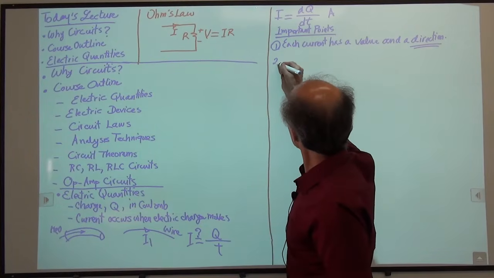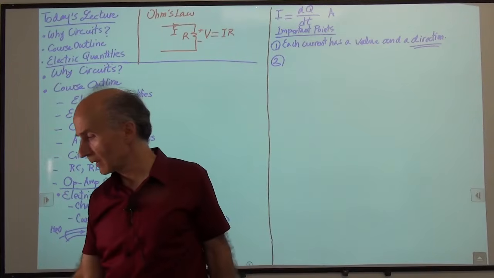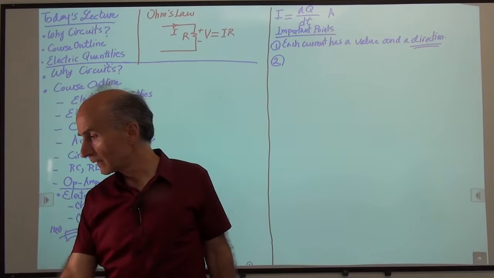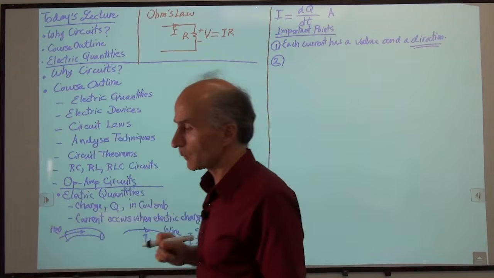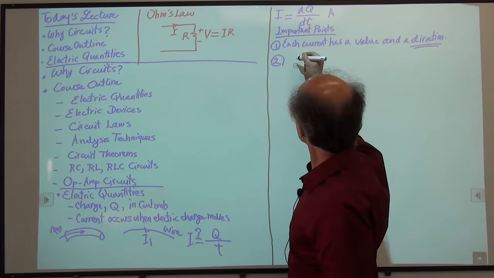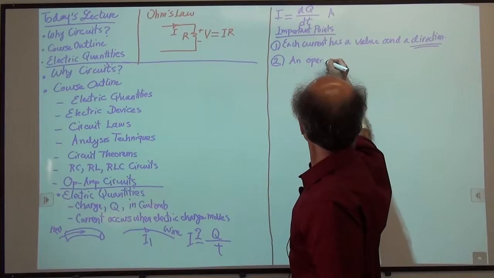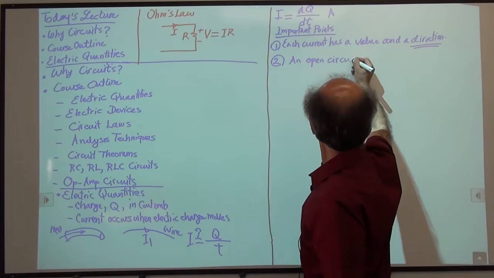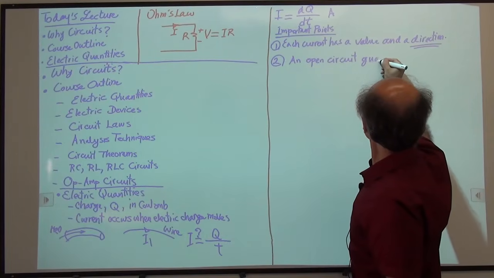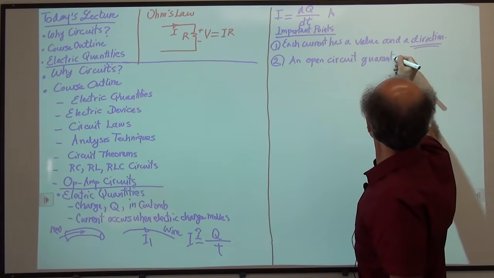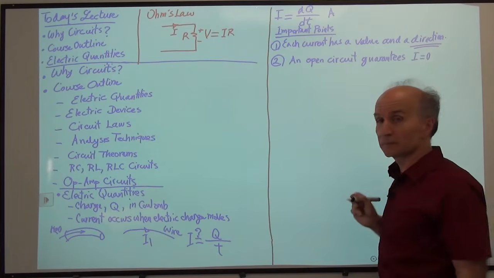Okay, point number two. An open circuit guarantees I equals 0.